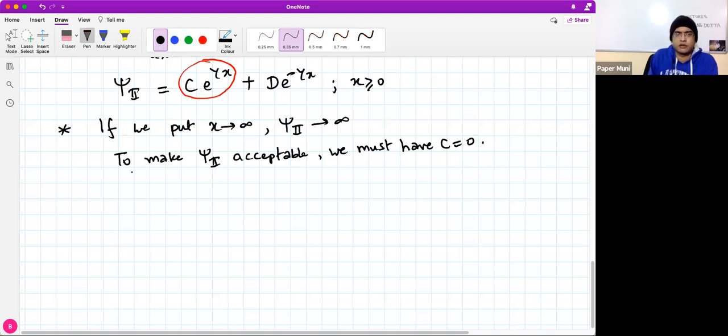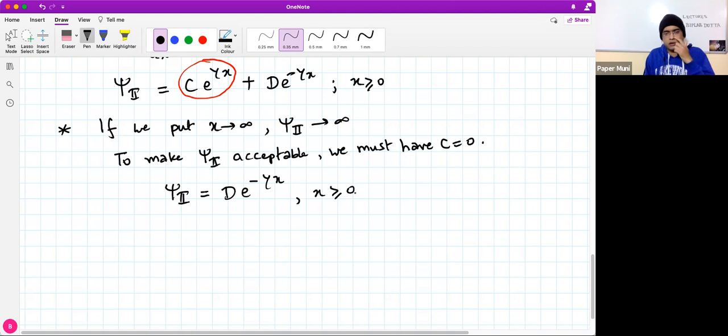Because we need to get rid of this exponentially increasing term to make it physically acceptable. So we have to put c equal to 0, which means psi 2 is equal to d e to the power minus gamma x. This is the acceptable wave function in the region x greater than 0.